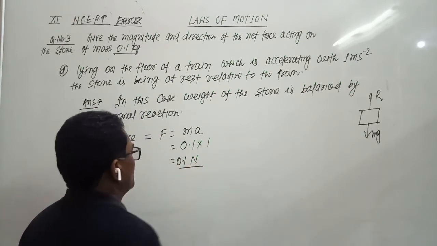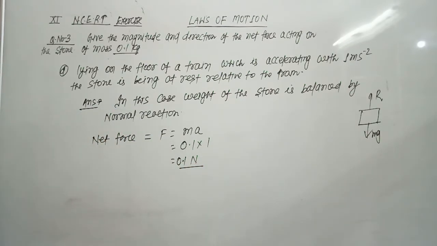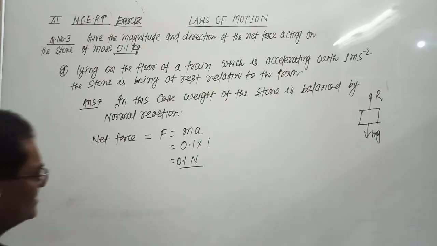So this is 0.1 Newton due to the acceleration produced in the stone, and its direction is horizontal.